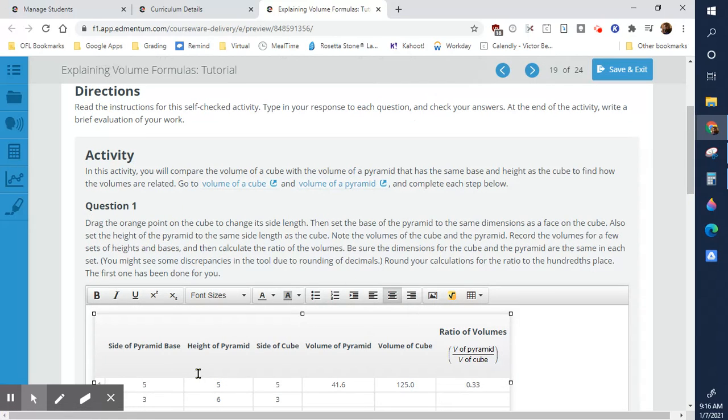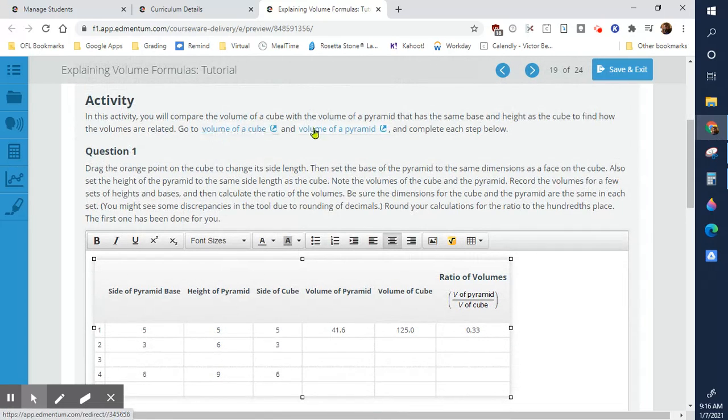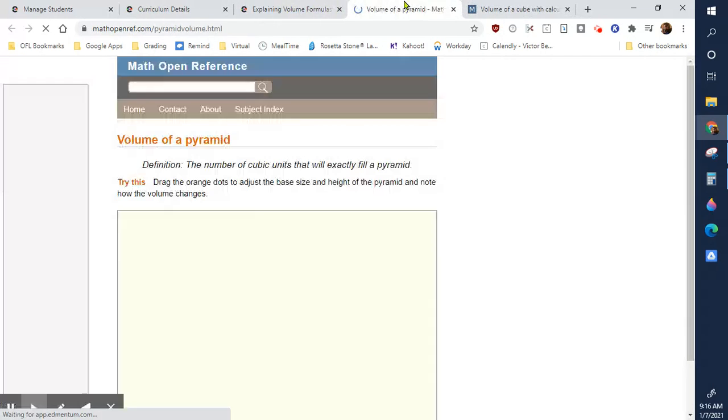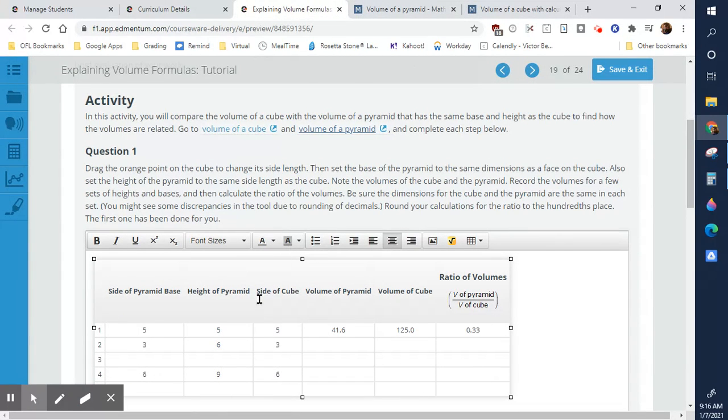All right, so this one, we're doing 3 and 6. So side length is 3. I'm starting to think that was a little too small. Okay, cool.